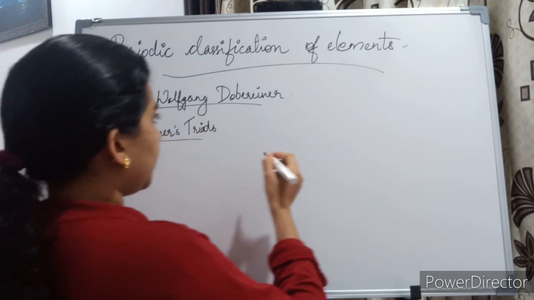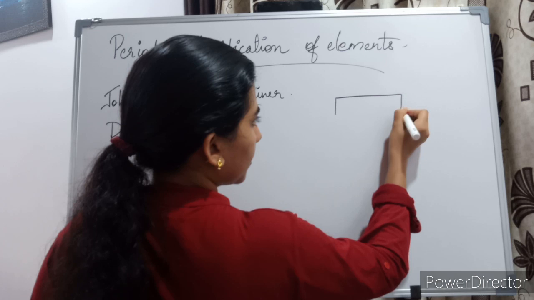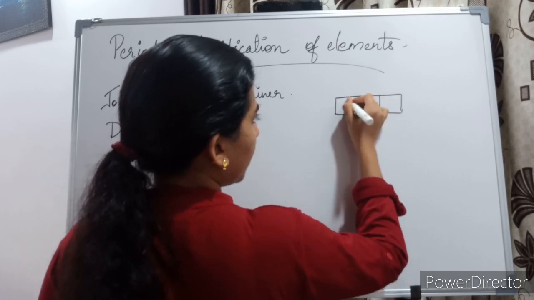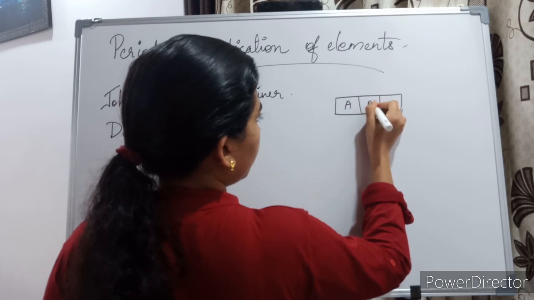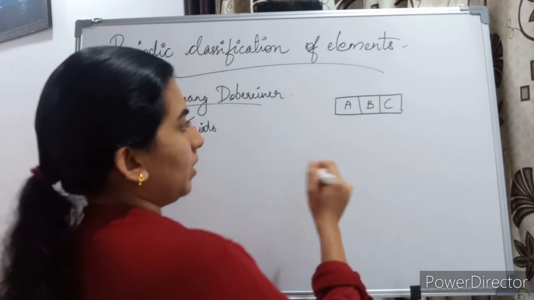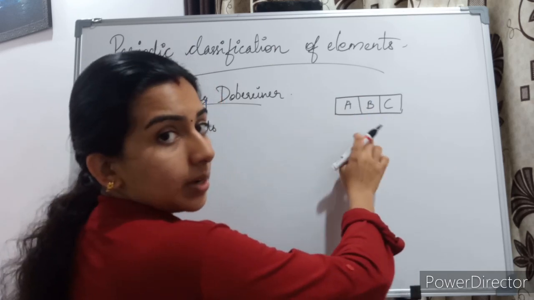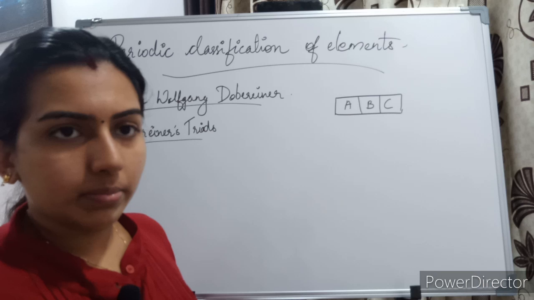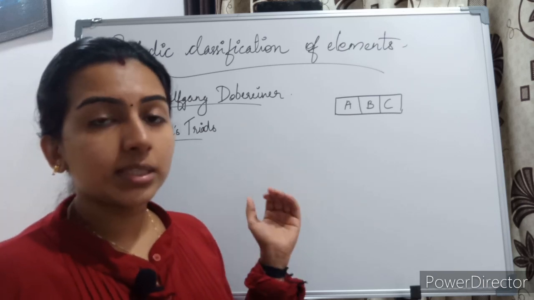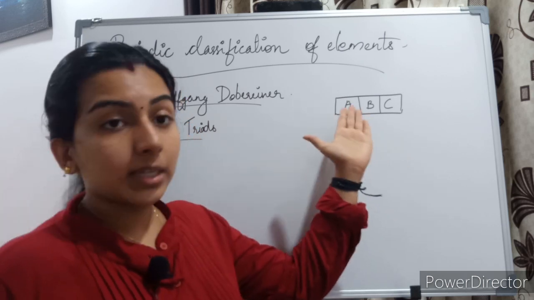He said, let there be three elements A, B and C. These elements are arranged in the increasing order of atomic mass number. But in the modern periodic table, elements are arranged according to their increasing atomic number.